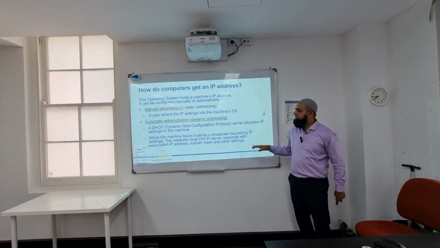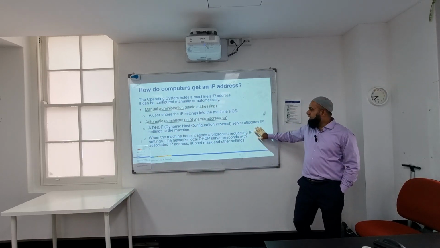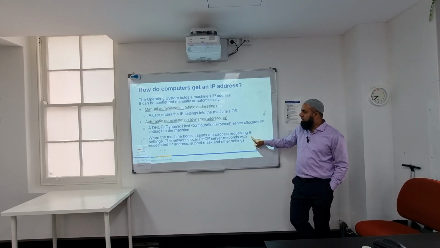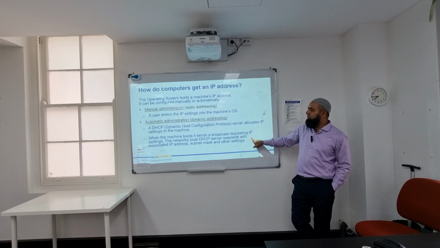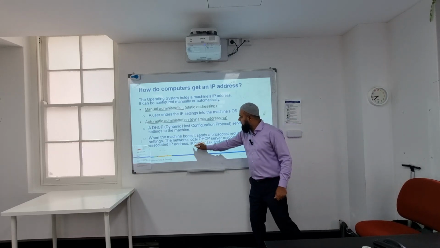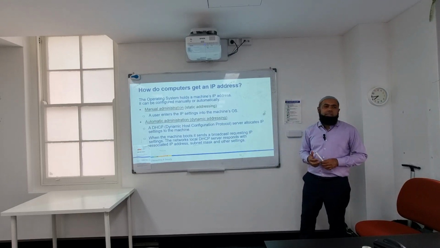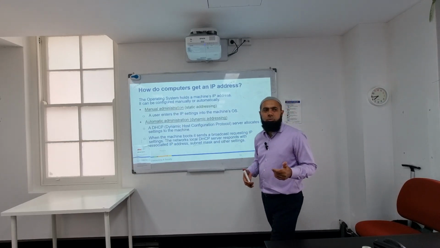So when the machine boots, it sends a broadcast requiring IP settings. The local DHCP server responds with the associated IP address, subnet mask, and other settings. We'll see this very important concept.